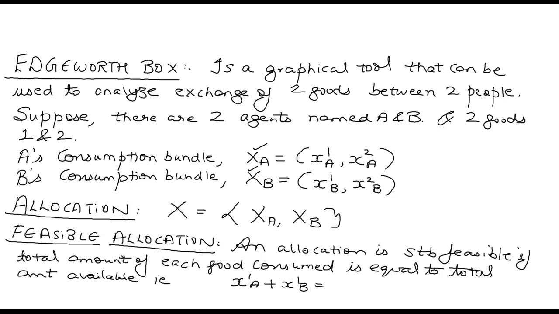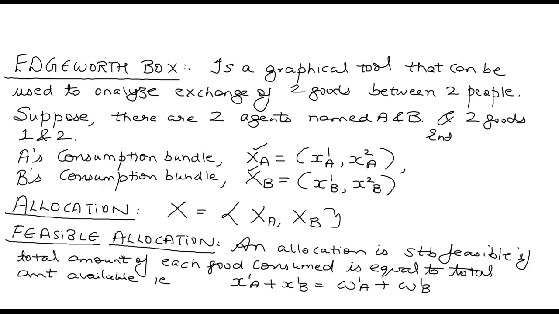Now, what is the total amount of good one available in the economy? The total amount of good one which A is endowed with plus the total amount of good one which B is endowed with. These are my endowment vectors. I can write that A's consumption bundle is this, and A's endowment bundle is this.